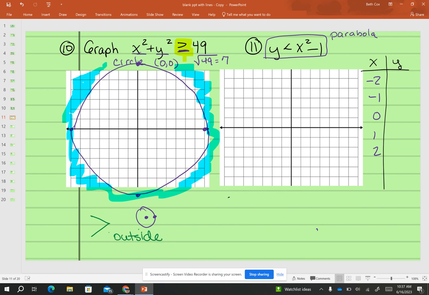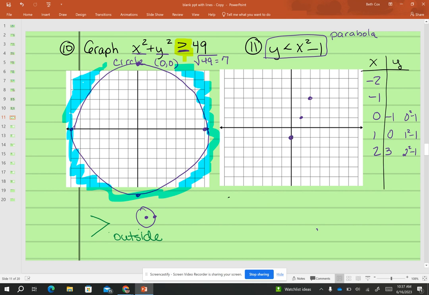So if I plug in 2, I always start with the easy ones first. That'll be 4 minus 1, which is 3, so that's the point (2, 3). If I plug in 1, I get 1 squared minus 1, which is going to be 0. So that's the point (1, 0). And then if I plug in 0, I get 0 squared minus 1, which is, sorry, that's not supposed to be 0, it's -1.